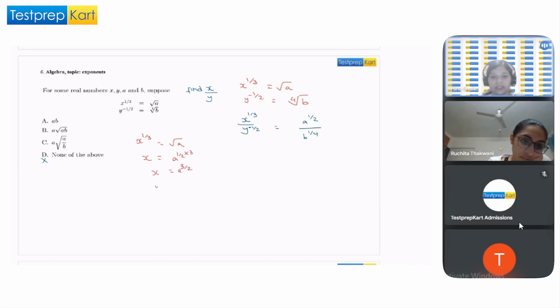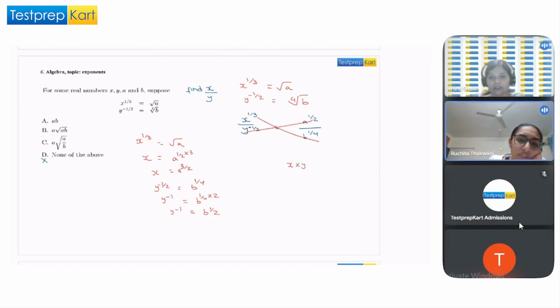What about y raised to minus half? This was b raised to 1 by 4. I'm keeping minus 1 here only. If you do squaring of that, b raised to 1 by 4 into 2, so this will become b raised to 1 by 2. That is y raised to minus half. So instead of dividing, I can say multiply.